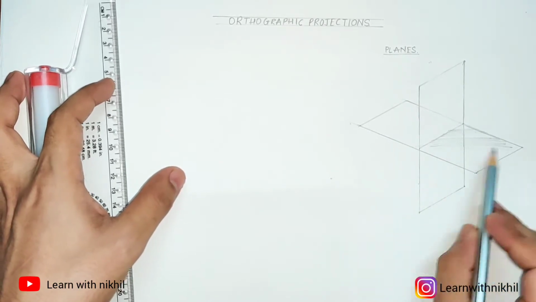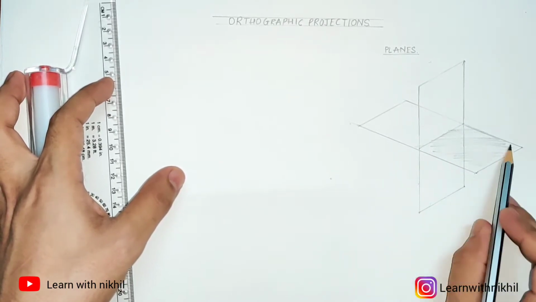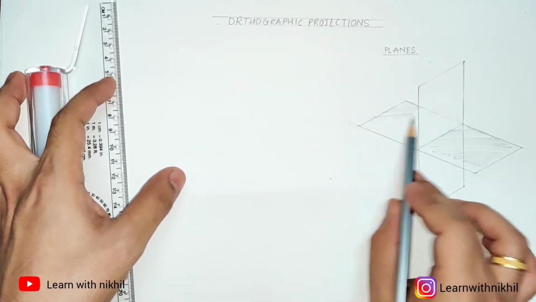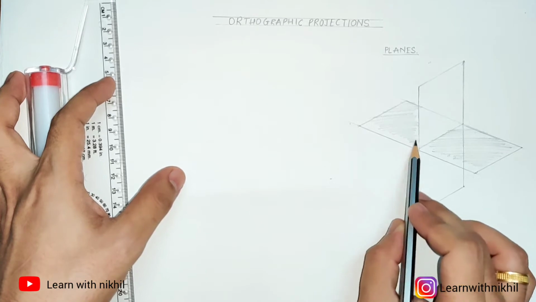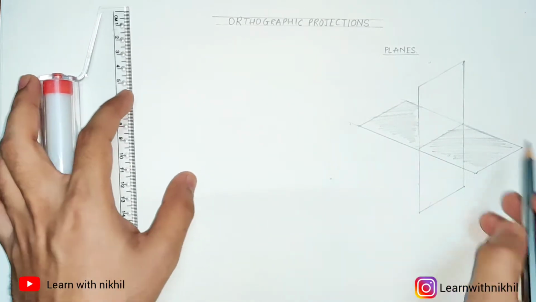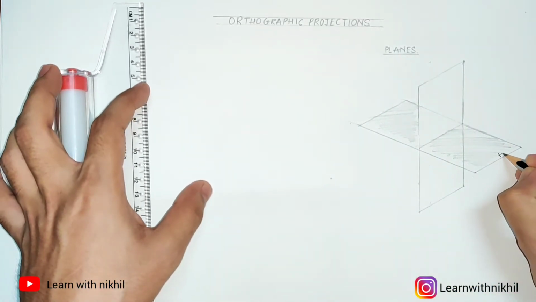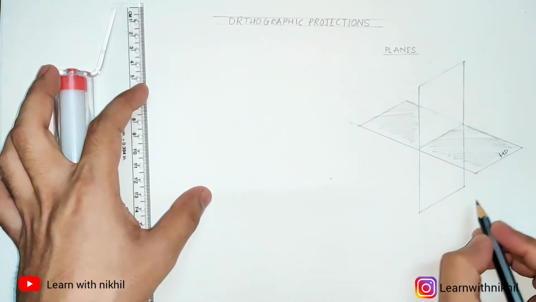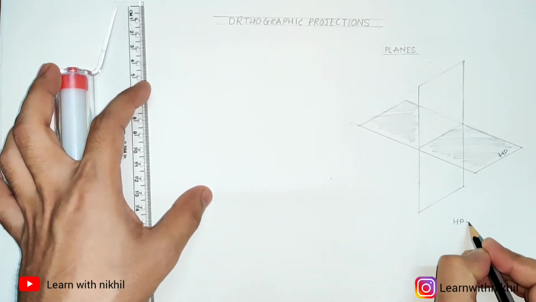This plane which I am highlighting is the horizontal plane. As you know, it has an x-axis and y-axis. So this is the horizontal plane marked as HP, and the straight one is the vertical plane.